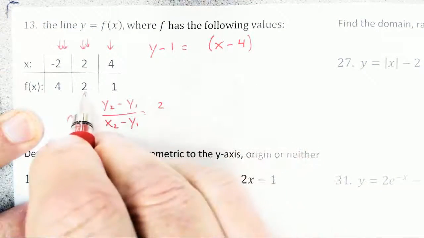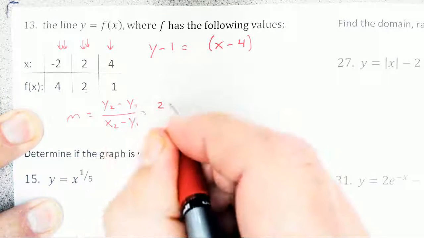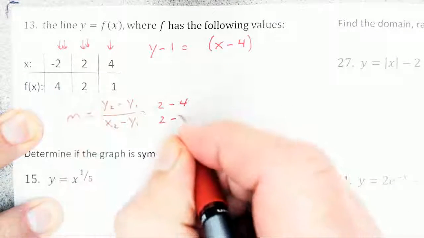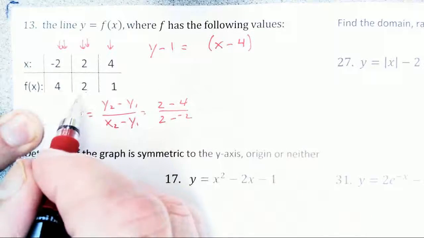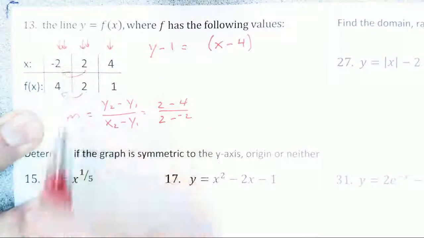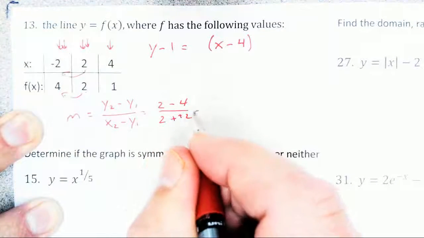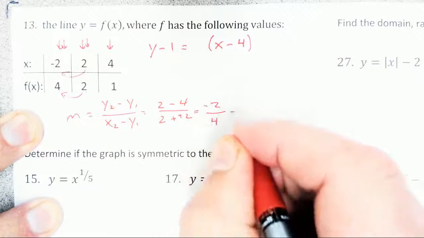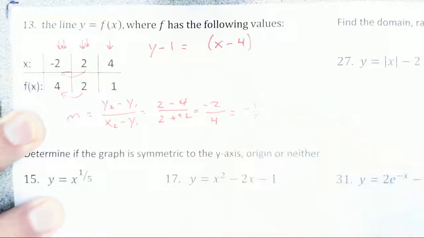It started out as 4, as my x changed into 2, it started out as negative 2. So I just went 2 minus 4, change in y, over 2 minus negative 2, and I get negative 2 over 4, or negative 1/2.